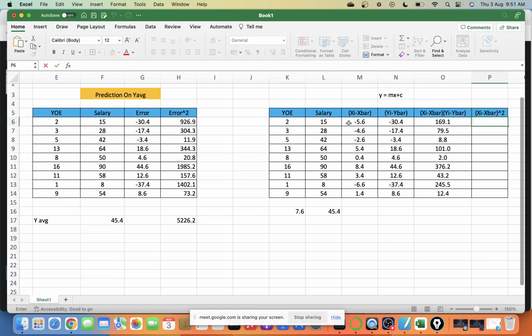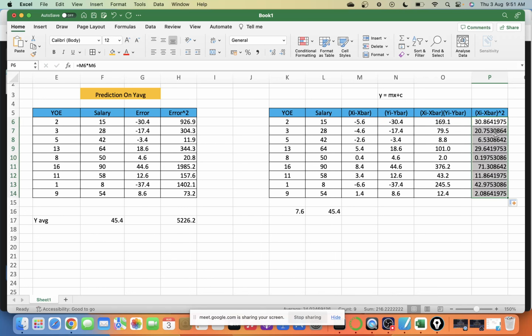Then we have to square this one, right? So we can do this again, this into this. Then we have this value. Drag it till here, and we'll have another column of values. Done. Now do we have everything with us?